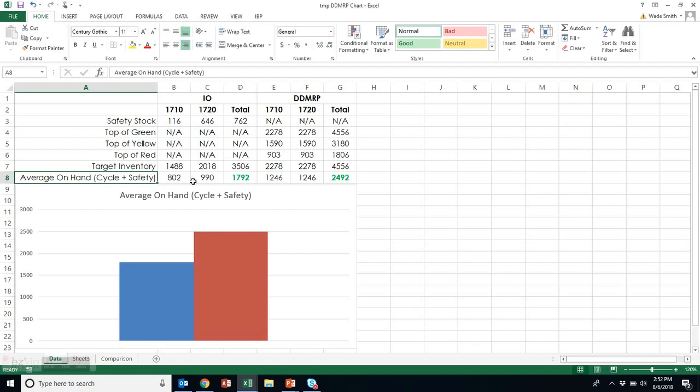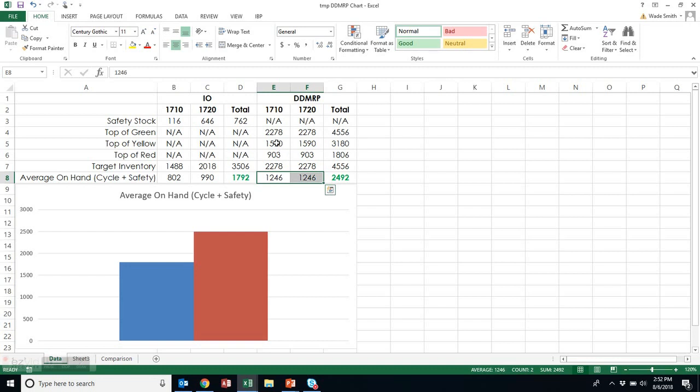The total average on hand for IO, which is really the best number to compare against, I would say, is 1792, versus DDMRP, which is 1246 for both locations for a total of 2492.